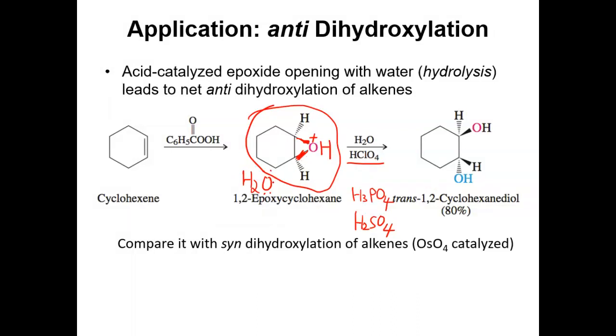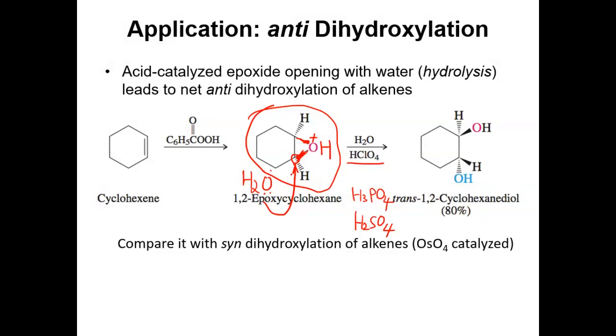Then the water will be coming from the opposite side, so from below the ring, from the direction of the dash CH bond. That's important because of the SN2 type of attack. If the CO bond is breaking at the carbon we assume is attacked, then the water must come from the bottom side, because the dash bond is at the bottom, below the ring.